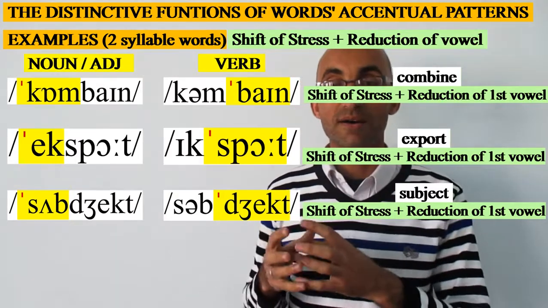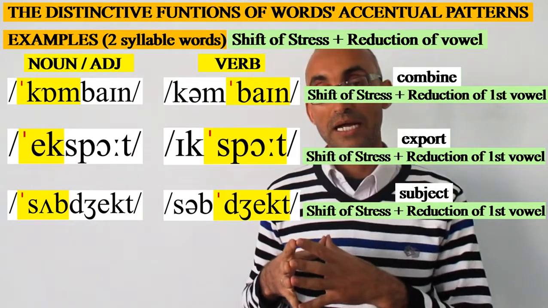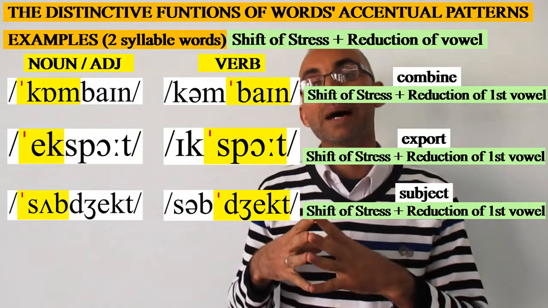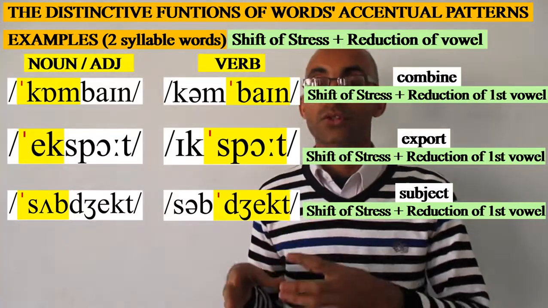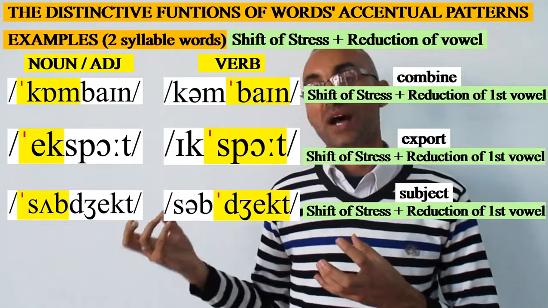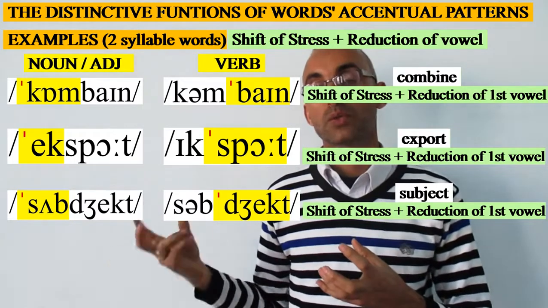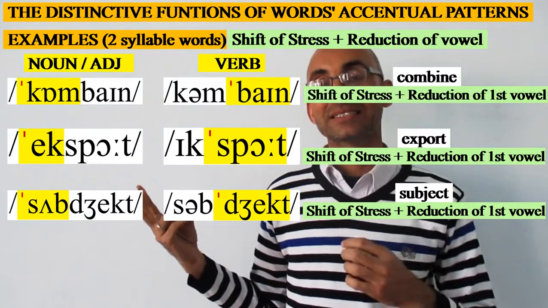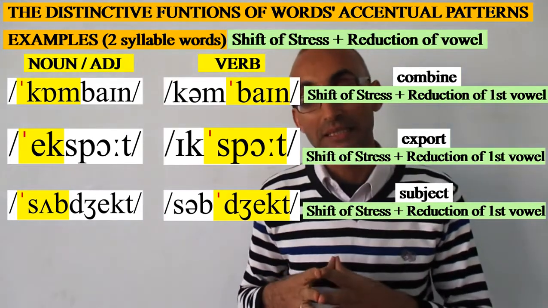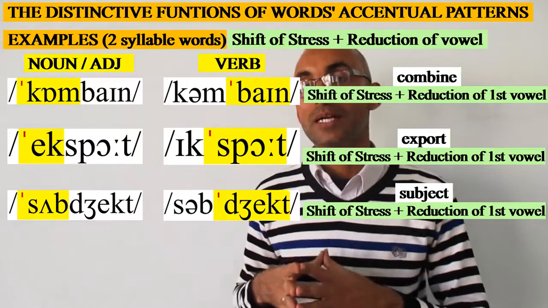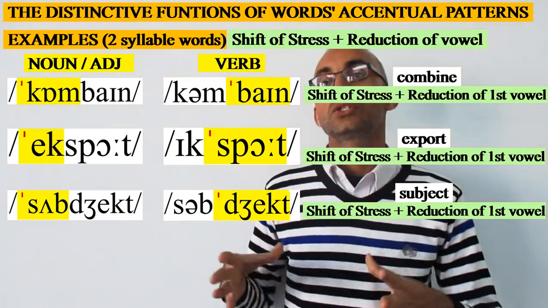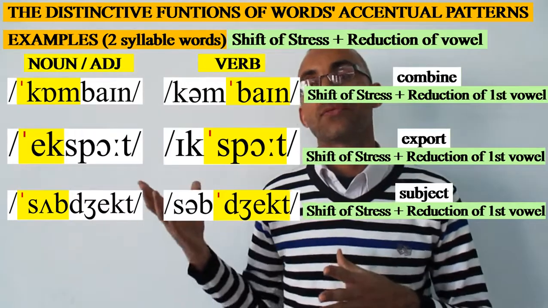And this change of stress position from the first syllable to the second syllable is accompanied by reducing the first vowel in this word, a, to schwa, subject. So these two related changes help me distinguish between subject as a noun and subject as a verb, clear?